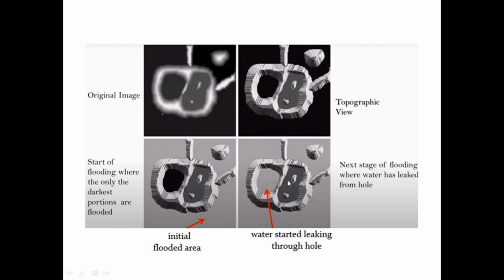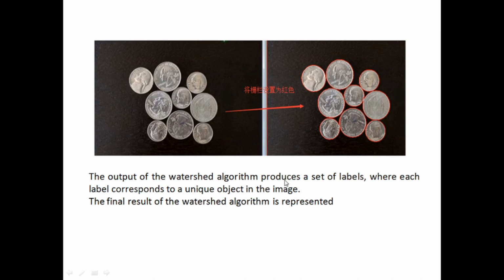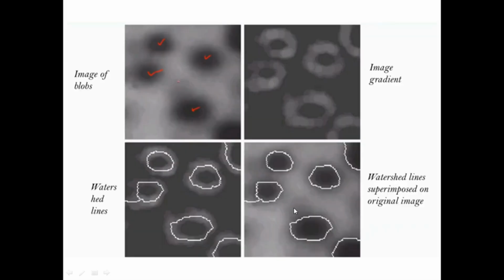This is my watershed line here. The output of the watershed algorithm produces a set of labels, because, as I have said, it may be used for touching or overlapping scenarios, where each label corresponds to a unique object in the image. The final result of this watershed algorithm is represented.